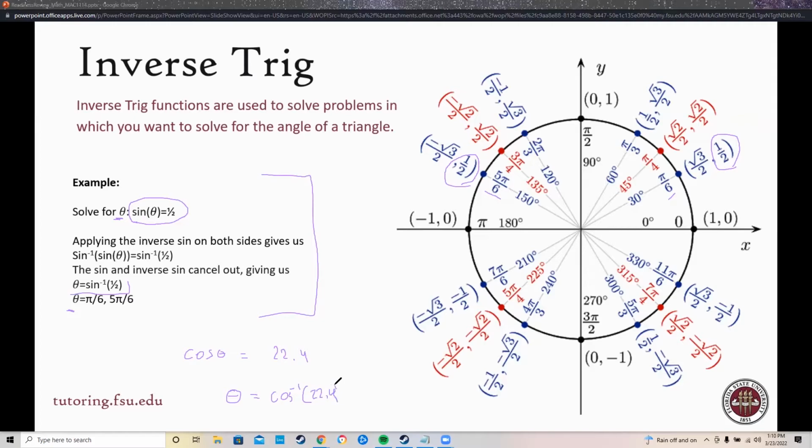This is obviously something that you plug into your calculator, but the concept right here still remains the same. Whenever you take the inverse trig function of your value, you get back your angle. So that's very useful when you don't know your angle in this problem statement.